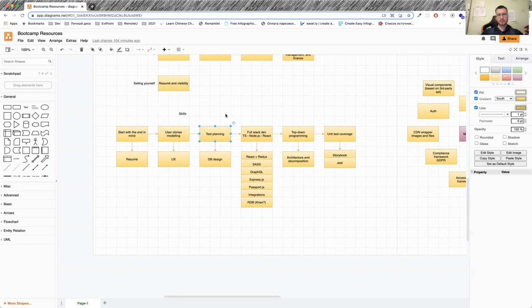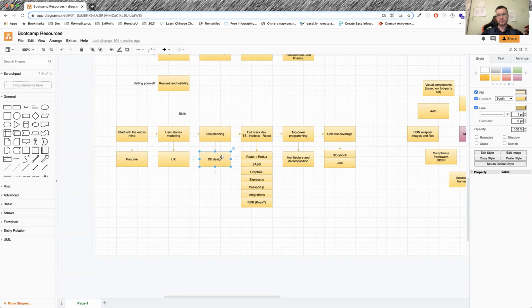Then the next thing, before doing something, think how you will prove that it really works, that it's really what you need, what you want to produce and what the people want to consume. How will you prove that your work is correct? So it is a great point to start with planning.